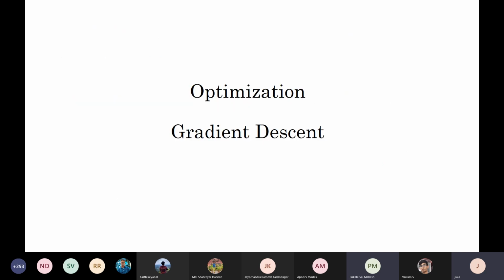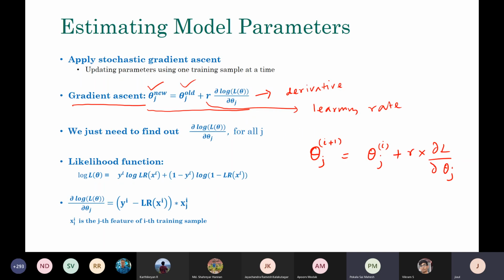So this is more or less what we do, but the heart of everything in this particular case is the optimization technique that you're going to use. Once you have the likelihood function or the error function or the objective function, you have to optimize it, so that you have very good performance predictions on the training set. That's what you want to do.